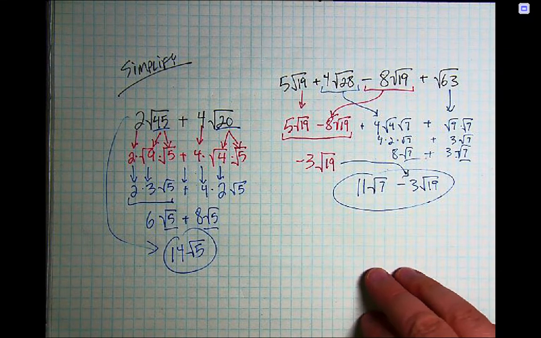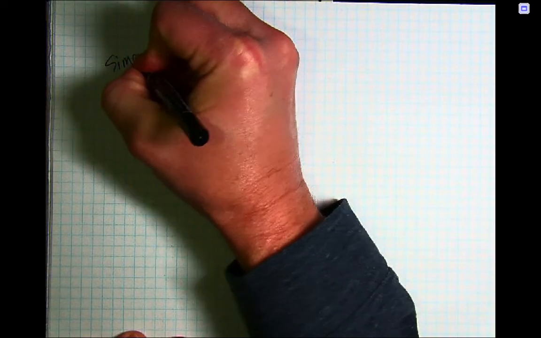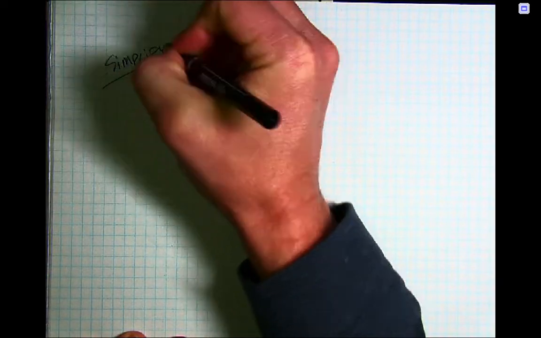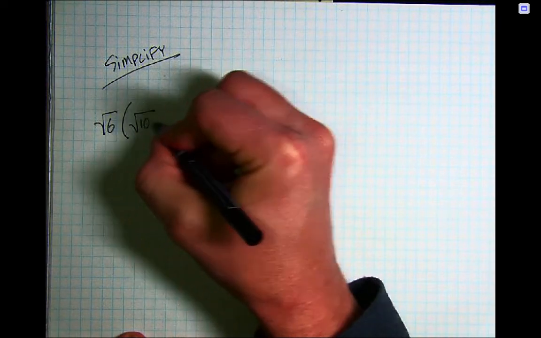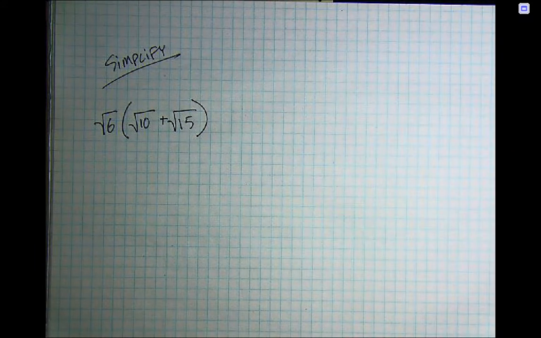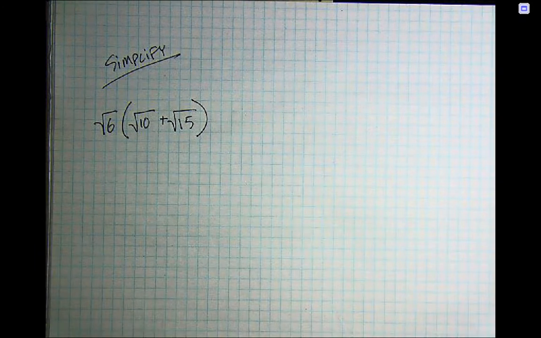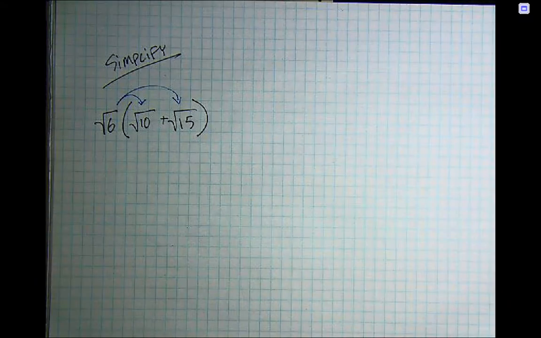Okay, what if we've got some parentheses in the mix? What if I'm going to ask you to simplify this? The square root of 6 times the square root of 10 plus the square root of 15. Well, whenever you've got parentheses like this, your gut instinct should be distribute. And you're right, you should distribute.